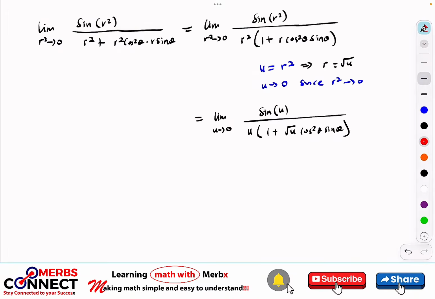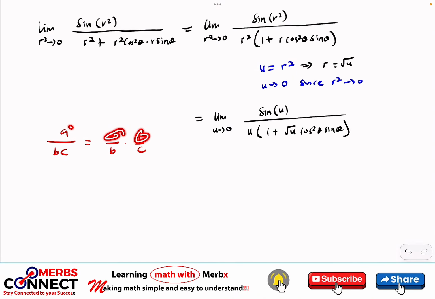Now let's do something here. We know that if I have a over bc, this is the same as a over b times 1 over c. This is true, because I can multiply this one by this and have this, and multiply this one by this and have this one too.